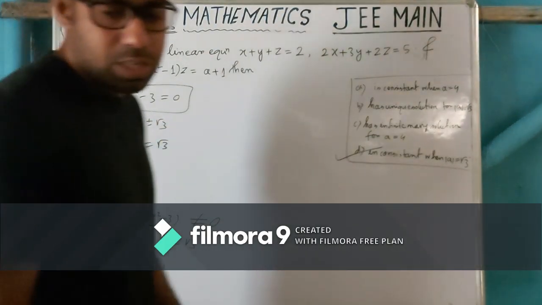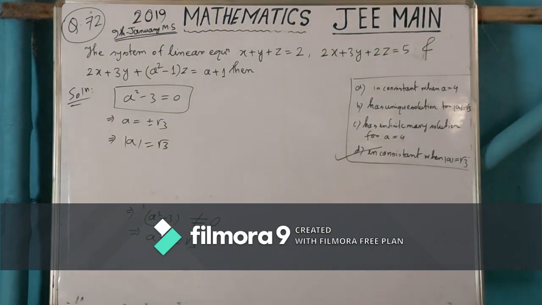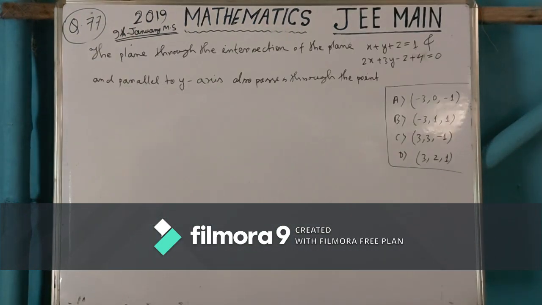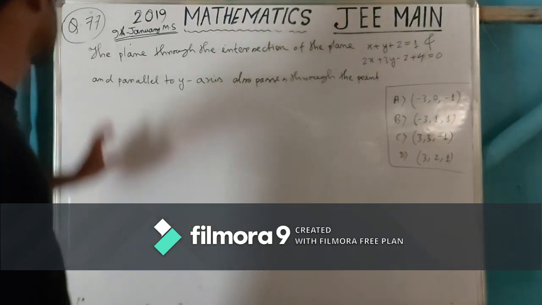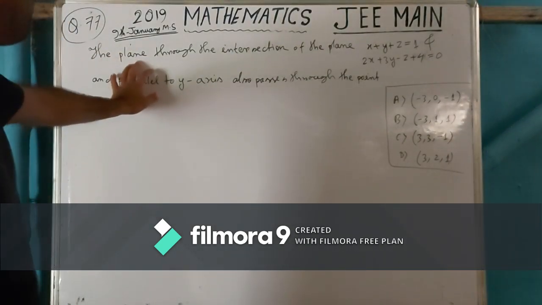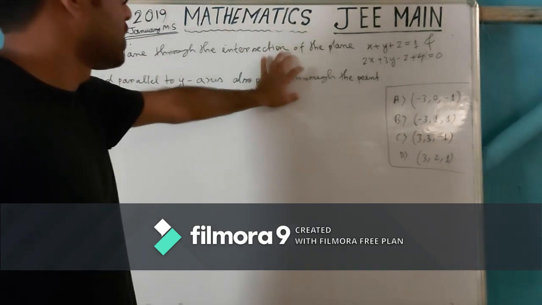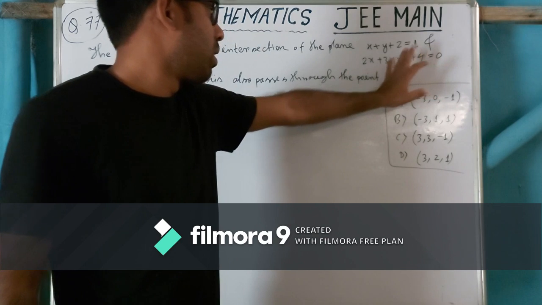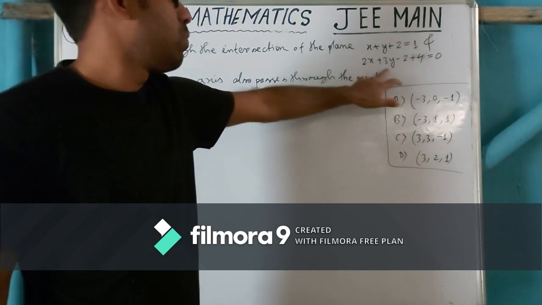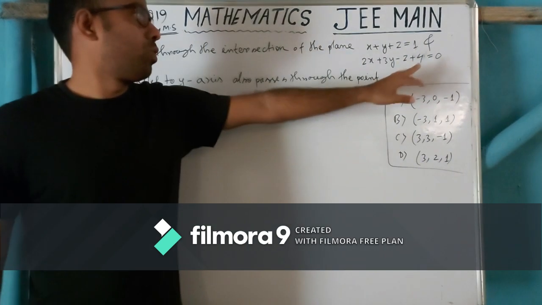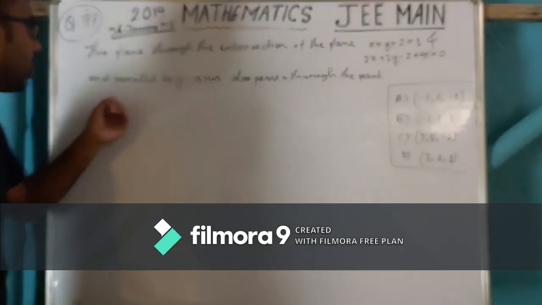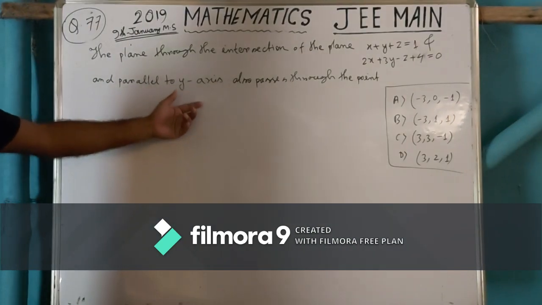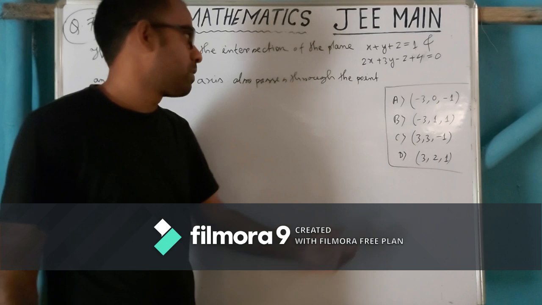And the next problem. This is question number 77. The plane through the intersection of the planes x plus y plus z equal to 1 and 2x plus 3y minus z plus 4 equal to 0, and parallel to the y-axis, also passes through the point this.